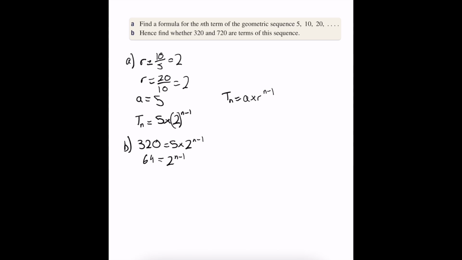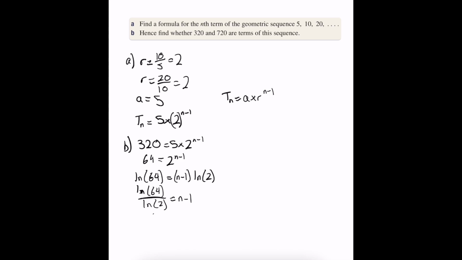And what we can do here is log both sides. And when we log both sides, we can bring this power down. And then we can divide by both of the logs. So this will be ln 64 on ln 2 equals n minus 1.